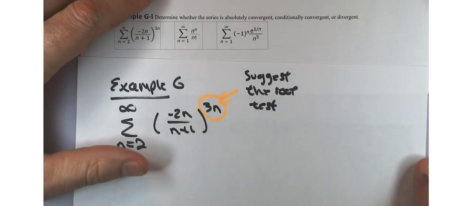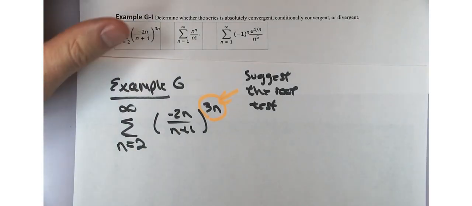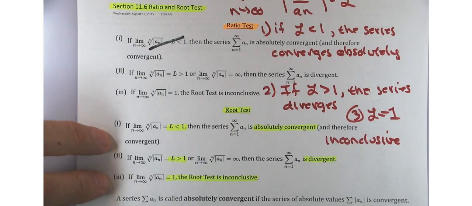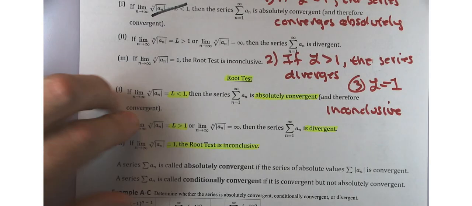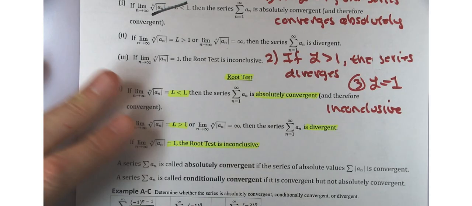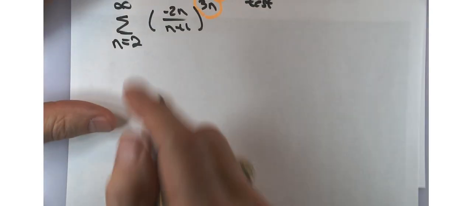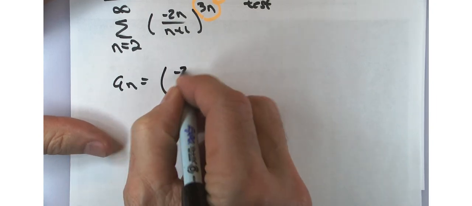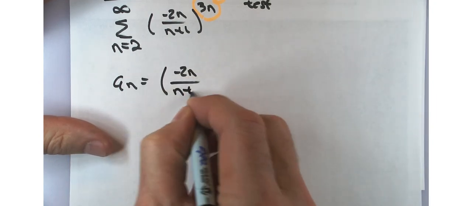Let's apply the root test. So that's going back here, because I copied the same, my bad. We want to take the limit of the nth root of the absolute value of a sub n. So our a sub n, in this case, is negative 2n over n plus 1 to the 3n power.